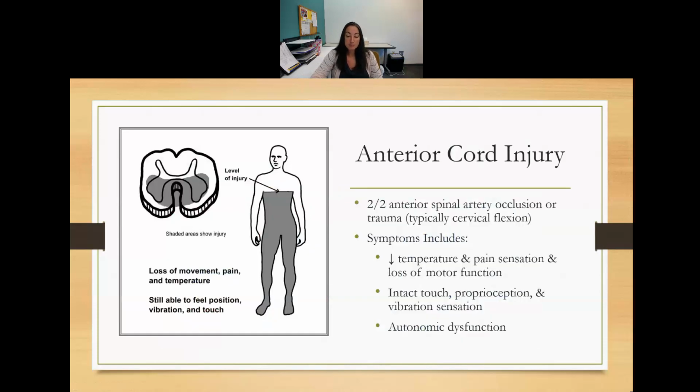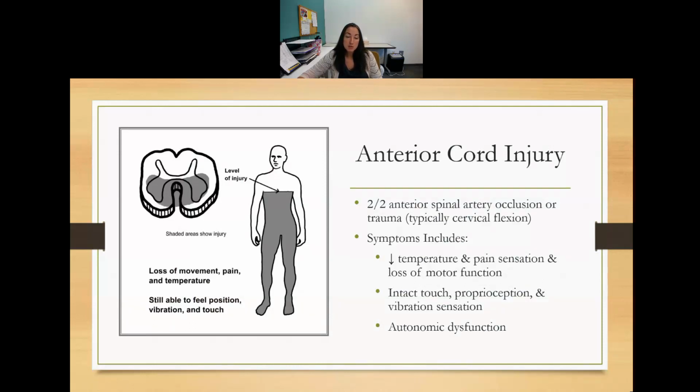So if the anterior cord is injured, it's often how it's injured is like a flexion, so like a severe flexion of the spine, and it could also be from an artery occluded from some type of trauma.